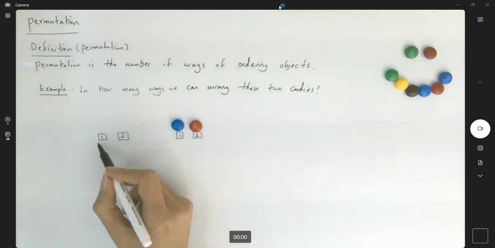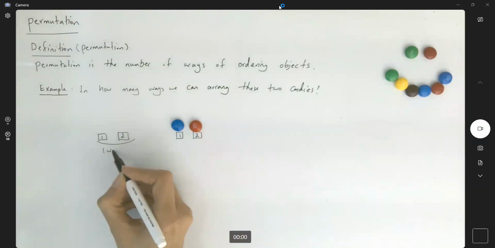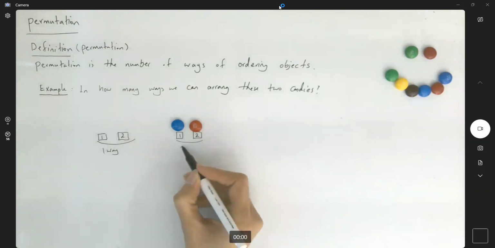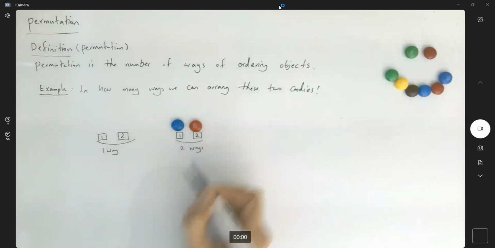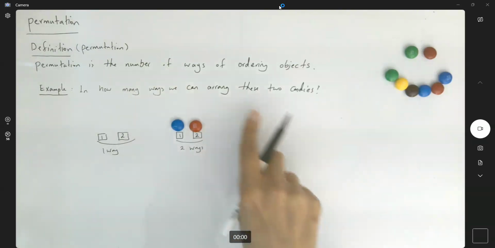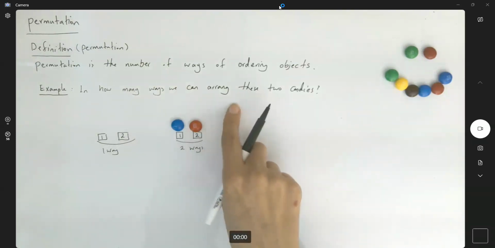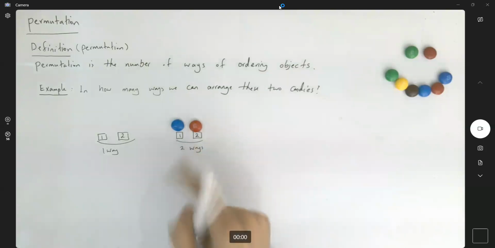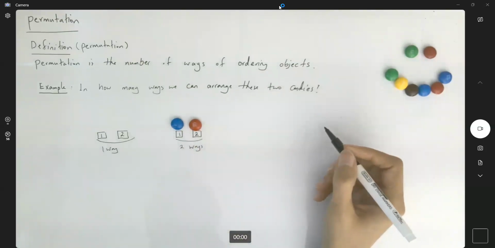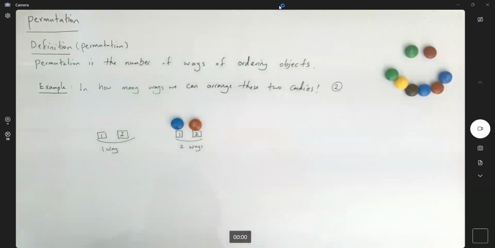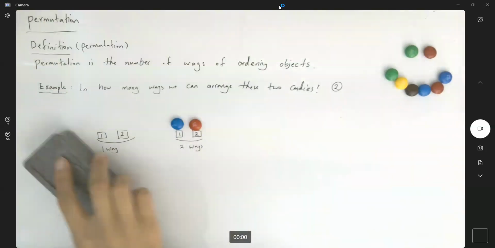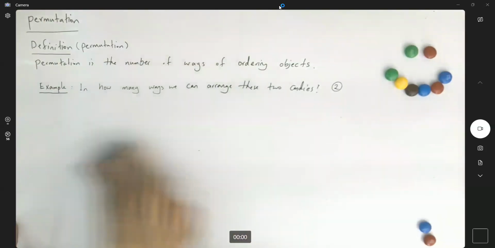So how many ways? One way and two ways. So in two ways, we can actually arrange these two candies. Two ways. Okay. Keep that in mind. Now let us move on to the next example.